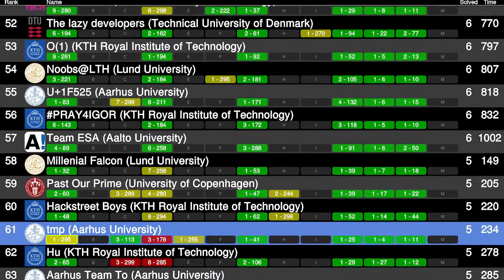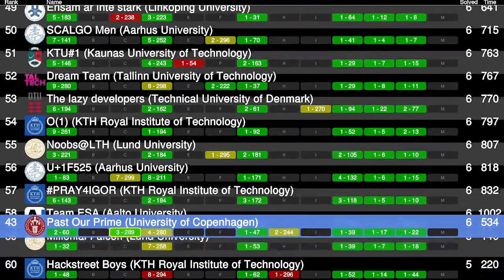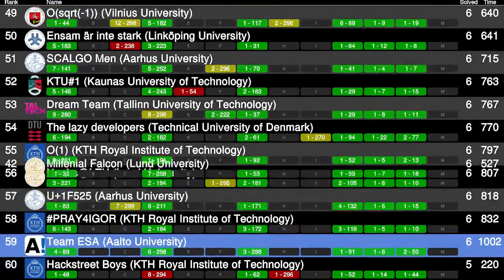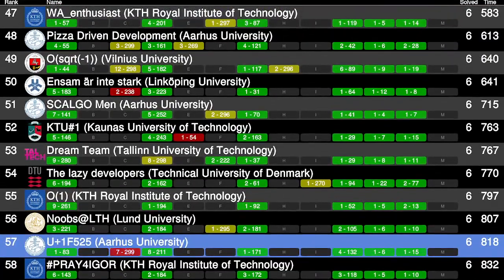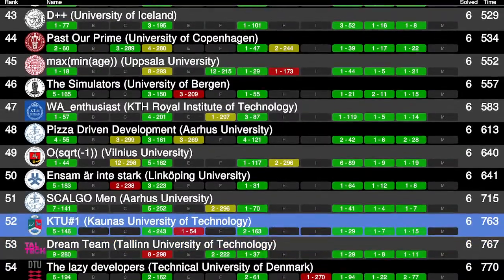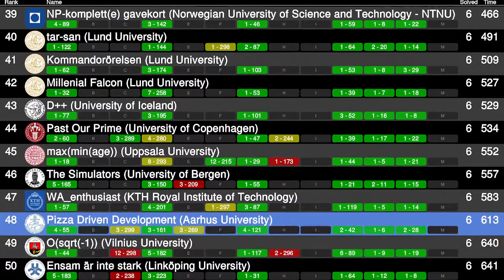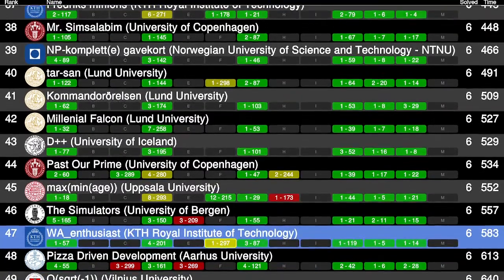Huh! Also done. TMP, temporarily out of problems. Past our prime, going up. Millennial Falcon going up. Pray for Igor going up. Noobs at LTH. Dream Team, done. KTH, Skalgomen, and square root of -1, also done.